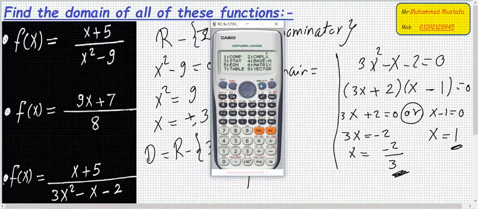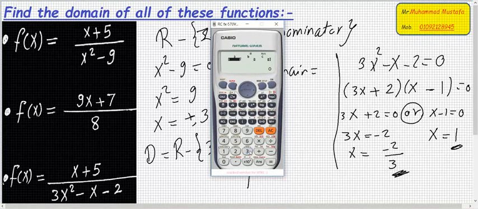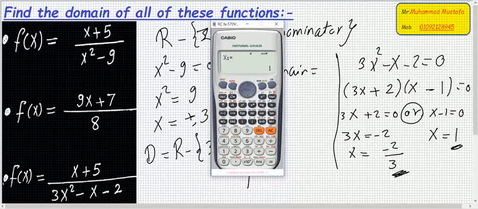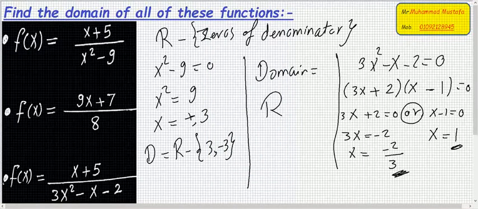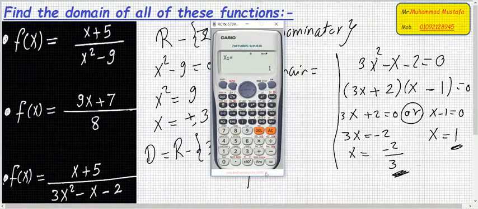Mode, equation, 5, 3, then coefficients 3, -1, -2. We get x1 equals 1, and x2 equals -2/3.